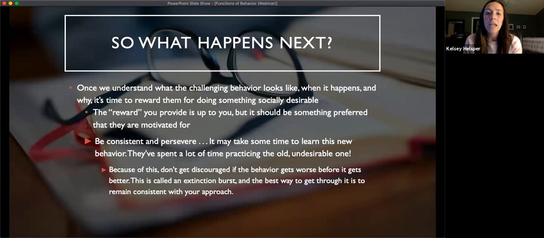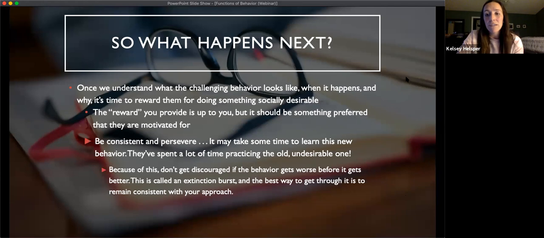Obviously, if you're giving them whatever's convenient for you in the moment and not really thinking about what's actually motivating for them, then it's probably not going to be a good reinforcer or reward, because they may or may not be motivated by it. So the key with thinking about what your reward should be is making sure that it's preferred and that it's something that they're really going to want.